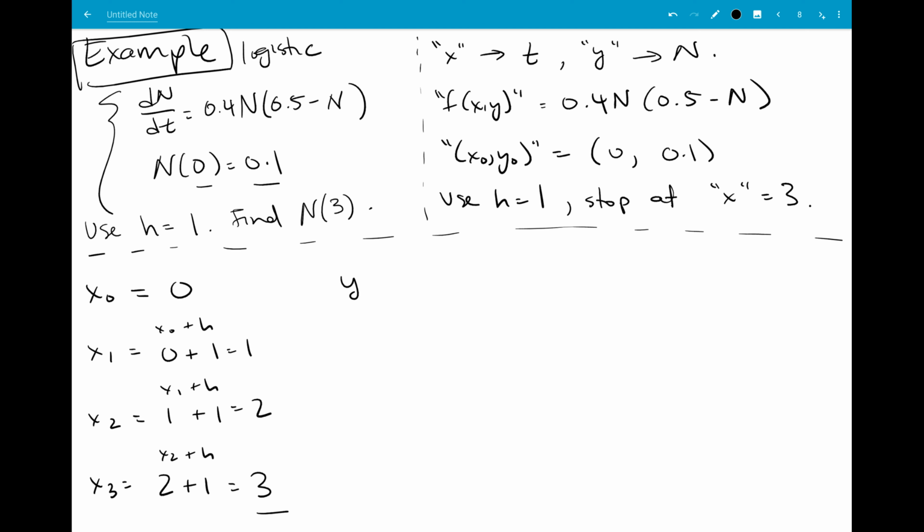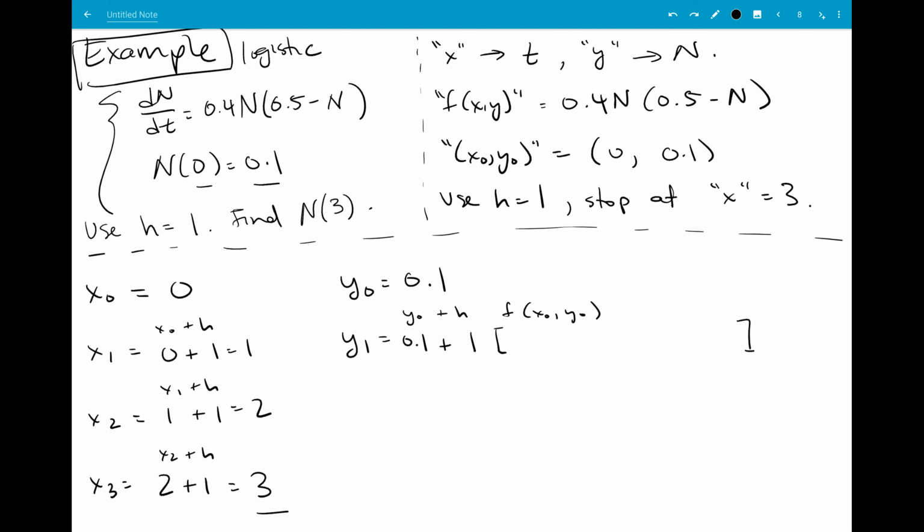And then we start at y0 being 0.1. And we know that y1 is going to be that y0 plus h times f of x0, y0. So our y0 is 0.1, our h is 1, and our f is this thing right here.